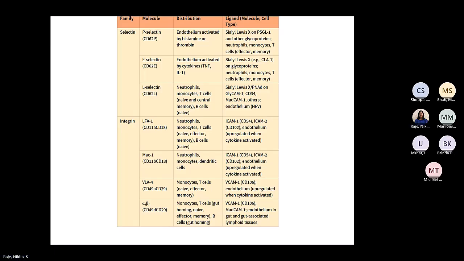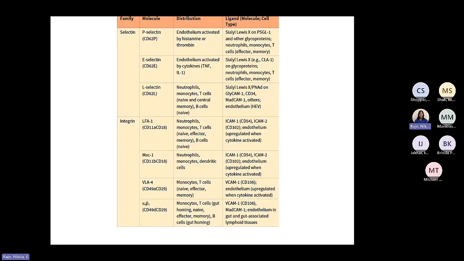VLA4 is an integrin that's present on monocytes and T cells and binds to something called VCAM. CAM stands for cell adhesion molecule. ICAM means intercellular adhesion molecule, versus VCAM, vascular cell adhesion molecule. These are various ligands for integrins.